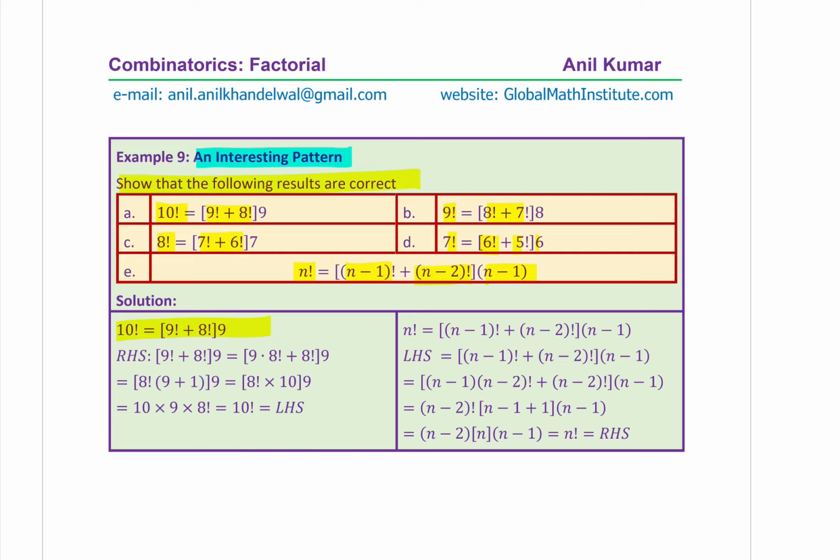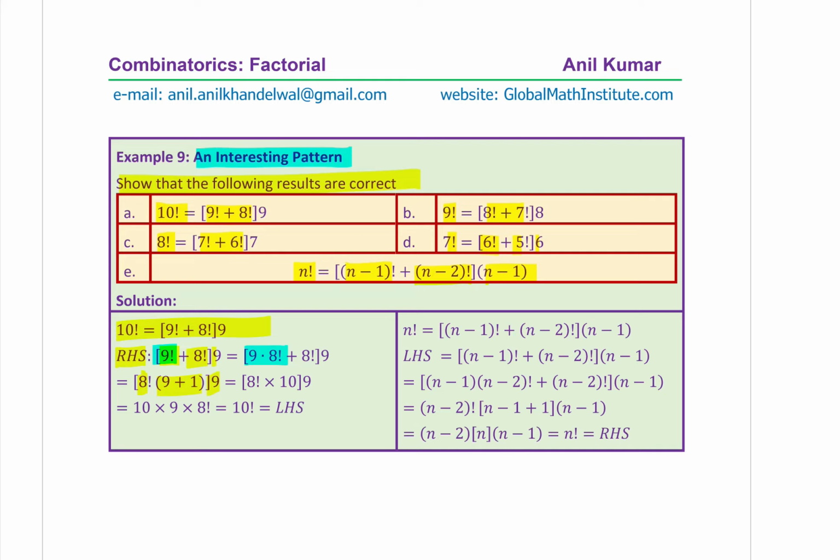Let's begin with the right hand side, which is 9 factorial plus 8 factorial times 9. I'm going to write 9 factorial as 9 times 8 factorial. And now we have 8 factorial as common. So we took 8 factorial common. We get 9 plus 1. And outside we have the number 9 itself.